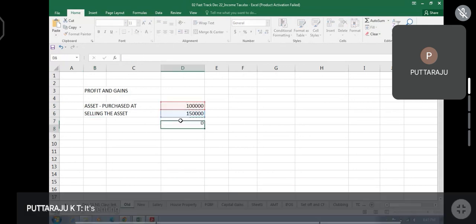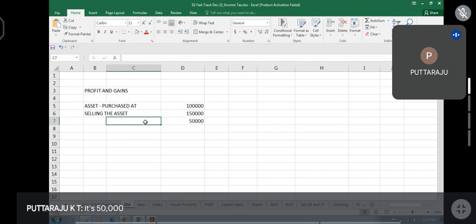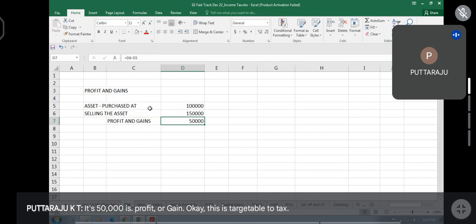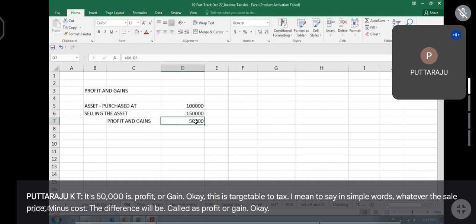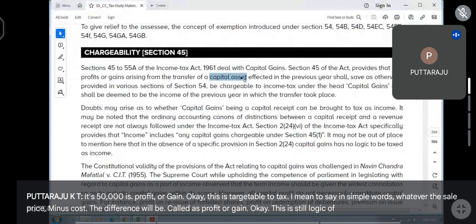This 50,000 is the profit or gain, and this is chargeable to tax. In simple words, whatever the sale price minus cost, the difference will be called profit or gain. This is the logic of profit or gain.